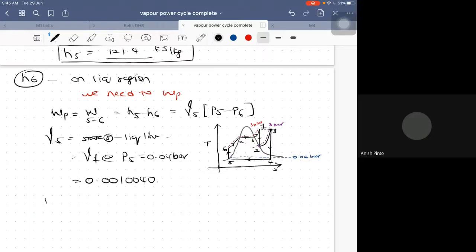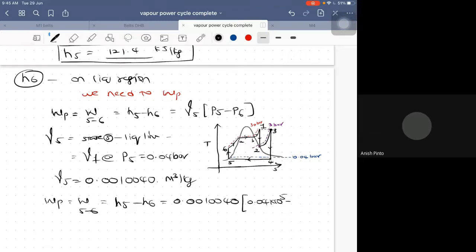So WP, which is equal to W5-6, that is equal to H5 minus H6, that is equal to V5. We have just calculated it as 0.001040 something, into P5. P5 in the sense it is 0.04 into 10 to the power of 5, minus P6.